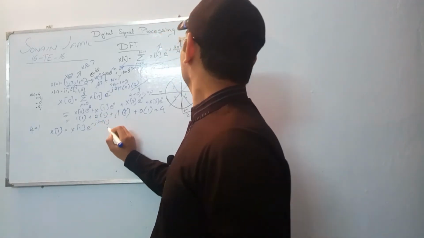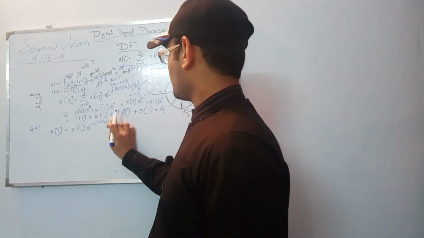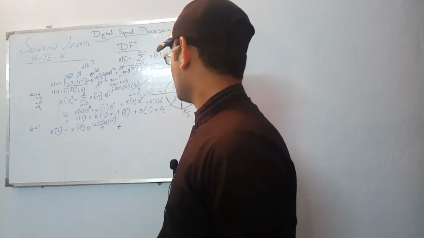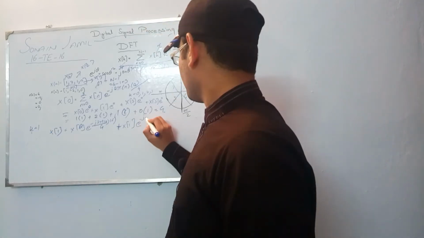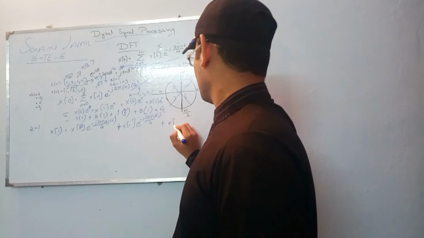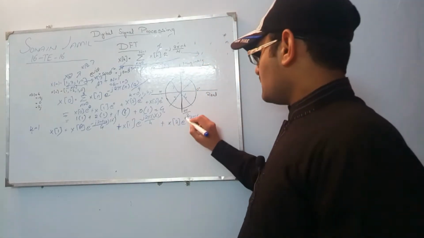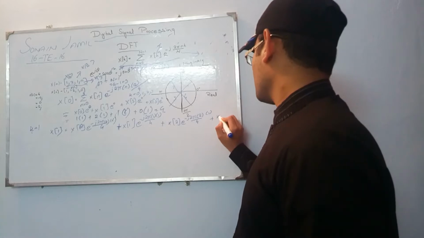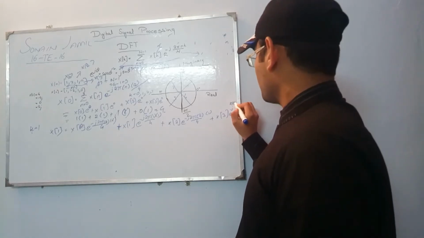Put the value of k. Now the first term is for n equal to 0, the second is x of 1 into e power minus j 2 pi 1 into 1 by 4, plus x of 2 into e power minus j 2 pi, n is equal to 2, 1 over 4, plus x of 3 e power minus j 2 pi into 3 and 1 over 4.